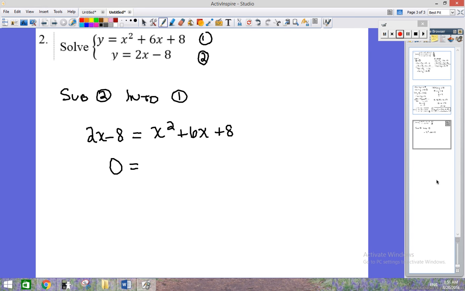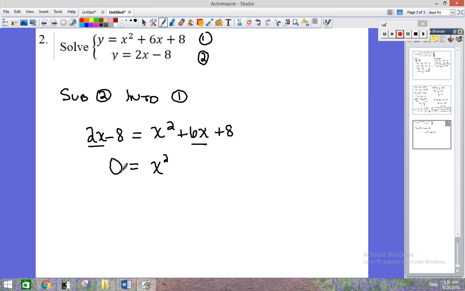I suppose somebody might call it a general form, but we want a 0 on one side of the equation and everything else on the other. So I'm going to put my 0 on the left, and I'm going to move these terms to the right-hand side. The x squared stays where it is, and there are no other x squared terms. These linear terms are like terms. I'm going to get them on the same side of the equation and combine them. If I take away 2x on the left, I won't have anything.